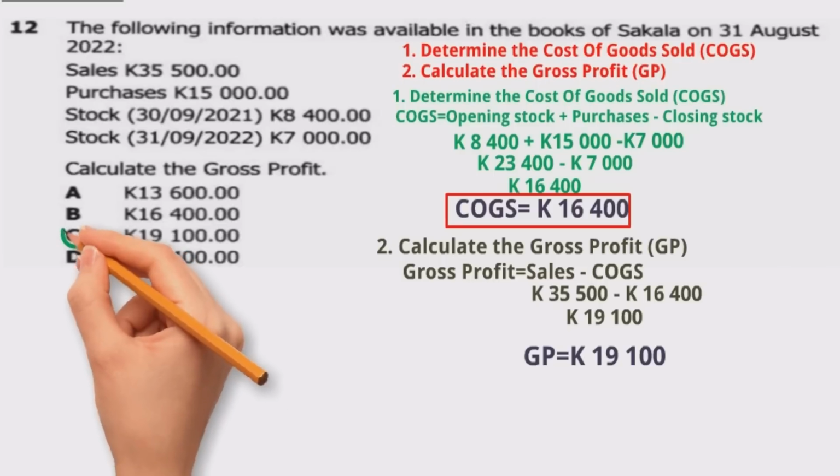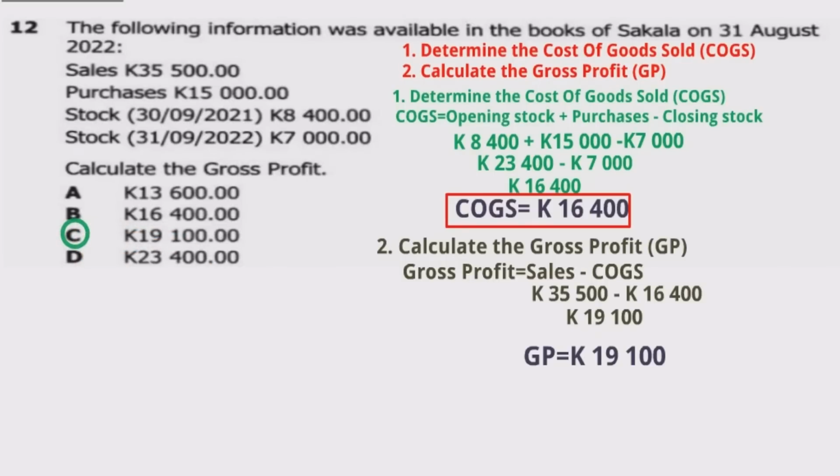Then 19,100, yes, 19,100 is correct. D is 23,400, which is the total of opening stock and purchases. So the correct answer is C, which is 19,100.